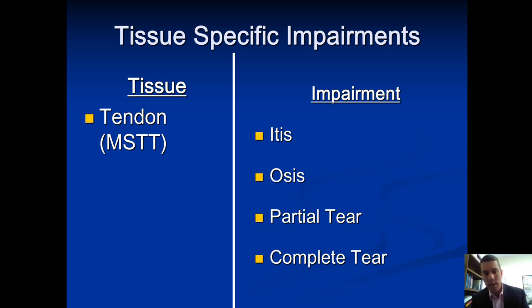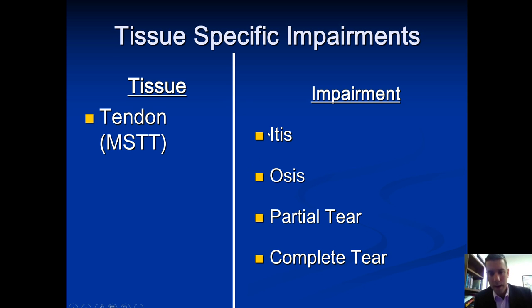In that case, we resisted elbow flexion and elbow extension isometrically, trying to see if they have any pain or any weakness. So from your findings from that MSTT, you'll be able to try to pick up one of these impairments. We'll talk about this later. We're going to do a whole lab on MSTT, so you'll figure out how to use an MSTT to try to detect some of these problems.